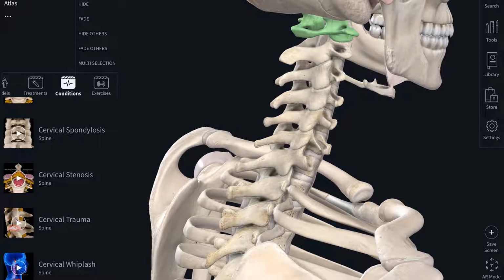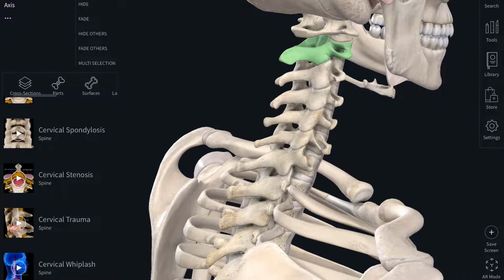So for us, it holds up our head. It articulates with the base of the skull, and it is a big bony ring with no vertebral body or processes. It sits above C2, which is called the axis. C2 has a superiorly projecting process called the dens, and this allows the skull and C1 to pivot, as when we are saying no.